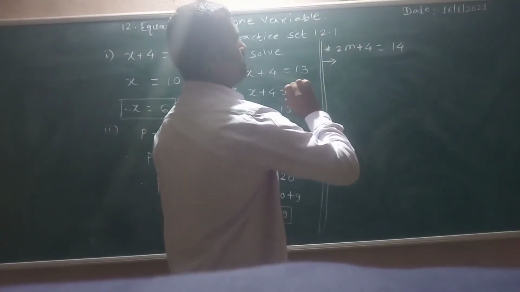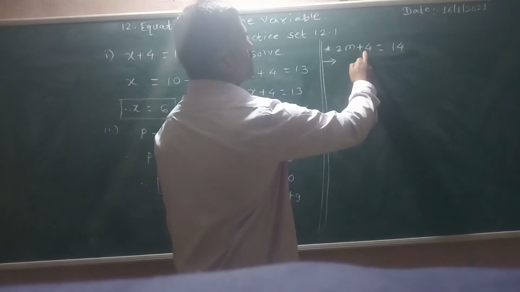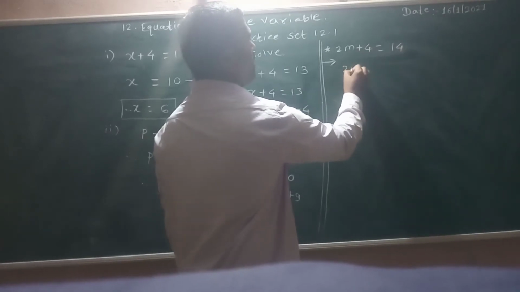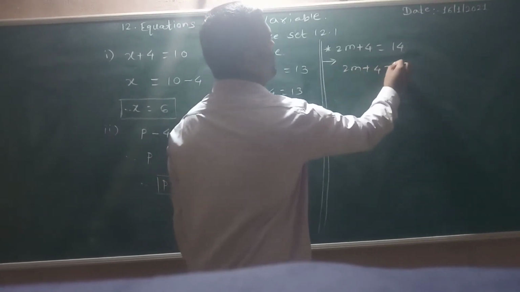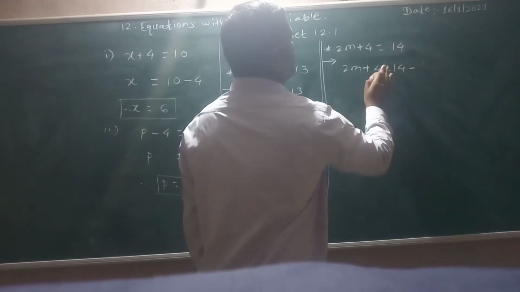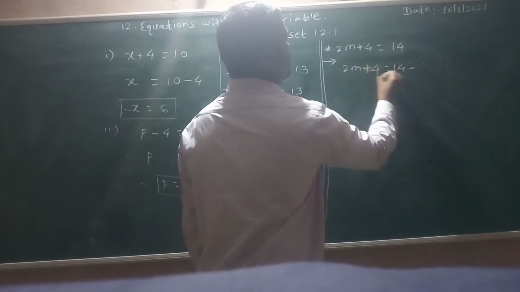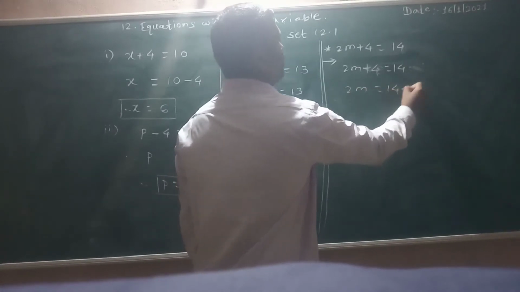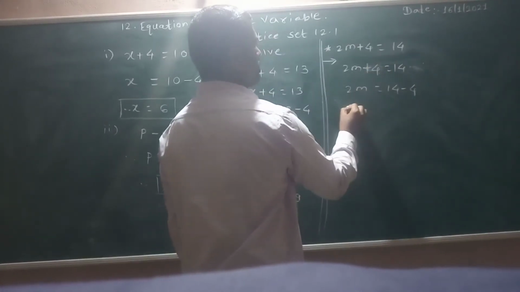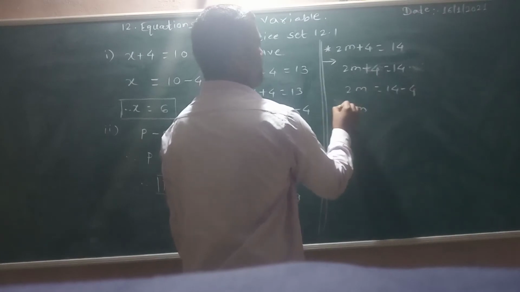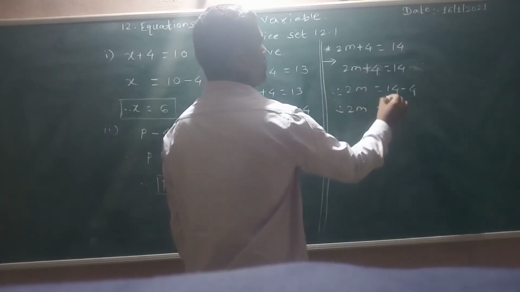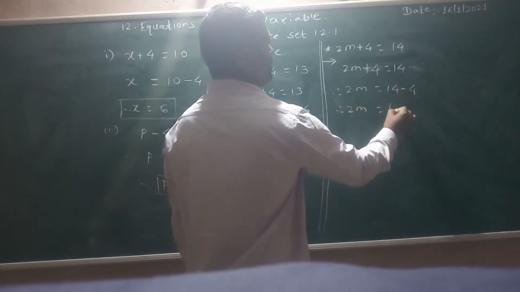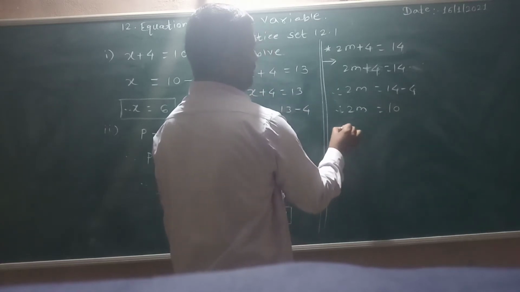First operation, that is plus 4 is opposite to the minus 4. The plus 4 is converted as the minus 4. Therefore 2m is equal to 14 minus 4 is 10.